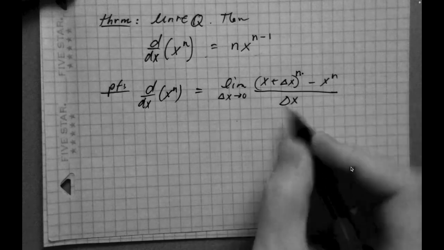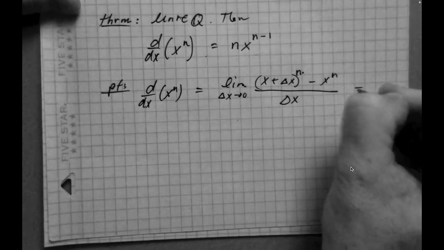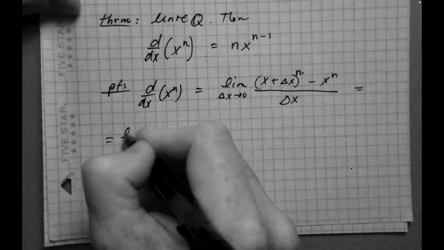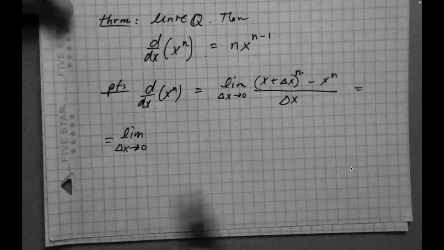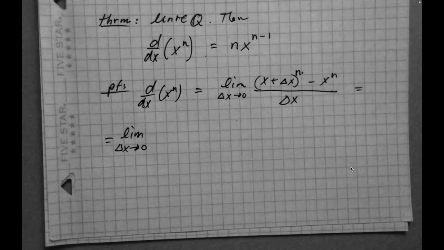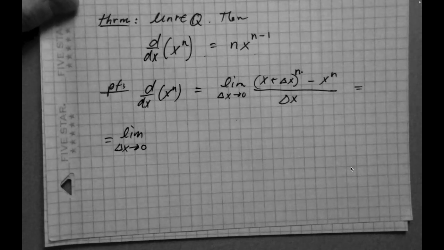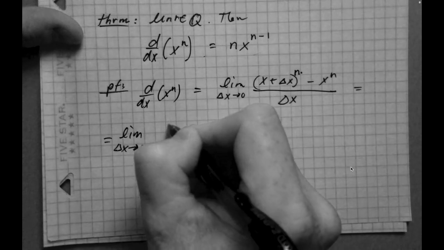Okay, now this thing here can be expanded. It might take a little bit of effort, but if you start with looking at x plus delta x squared and then x plus delta x cubed, you'll get that there's a pattern to how this expansion works.